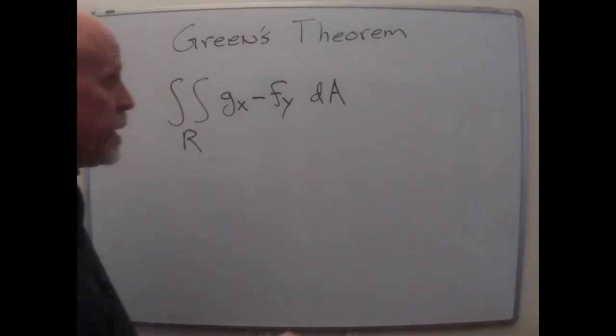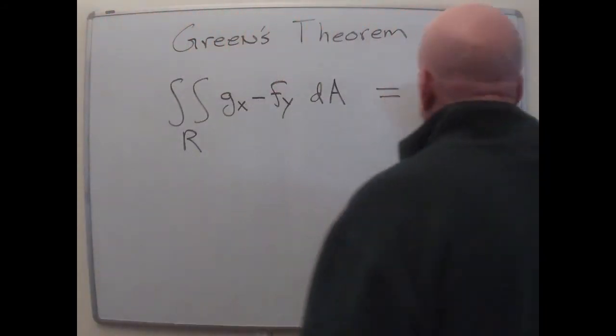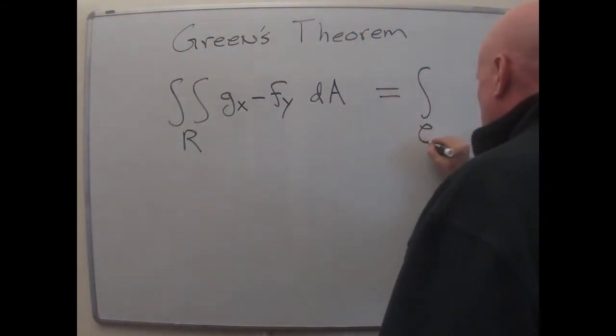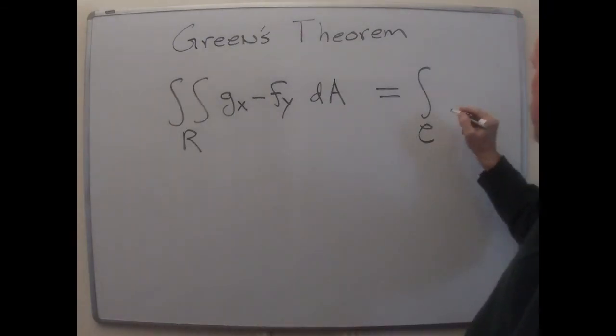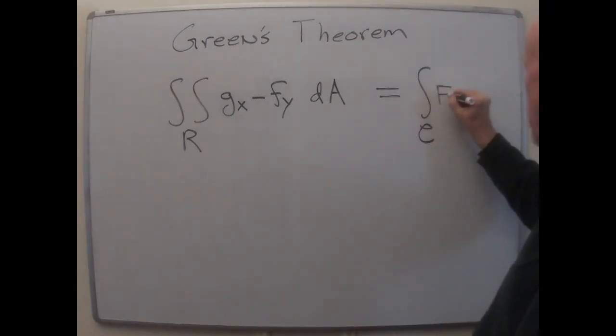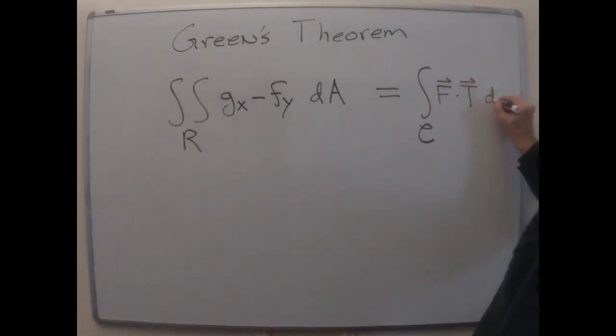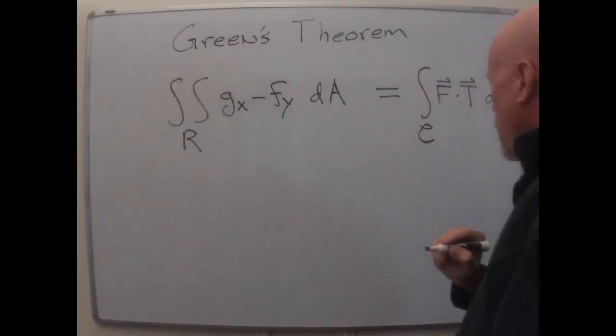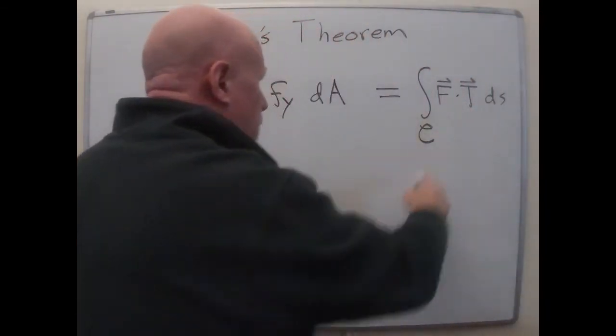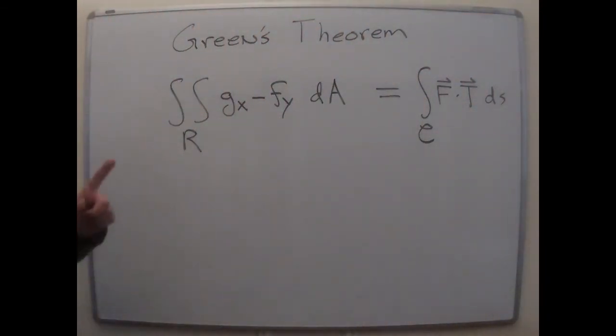It is the same thing as a path integral around the boundary of the region of the vector field dotted with the tangent vector of that path, done with respect to arc length. There are so many different ways we have of writing down what that means, but that's the variant I want to look at in general.